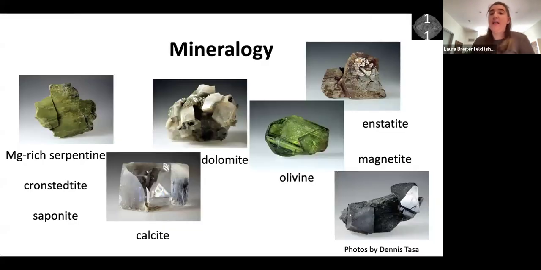So this work relied on a set of physical samples, minerals, to study the pure mineral end members as well as mineral mixtures. So the mineralogy we utilized is consistent with CI and CM chondrites, and includes phyllosilicates like magnesium-rich serpentine, cronstedtite, saponite, carbonates like calcite and dolomite, olivine minerals, enstatite, which is a pyroxene, and magnetite.